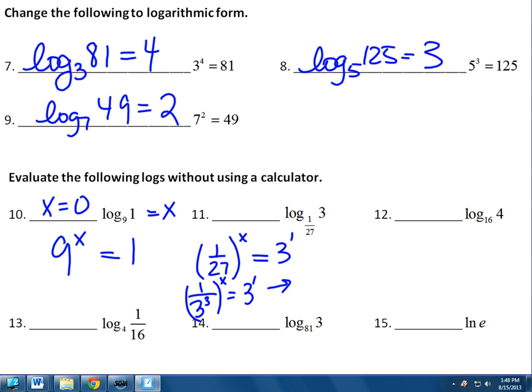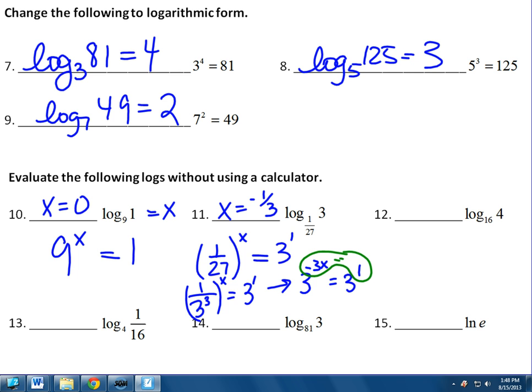And that leads to, how do I get that in the numerator? Well, if you remember from the last chapter, it's a negative. So 3 to the negative 3x equals 3 to the 1. So hopefully it follows that these two have to be equal to each other. So if negative 3x equals 1, then x equals negative 1/3.